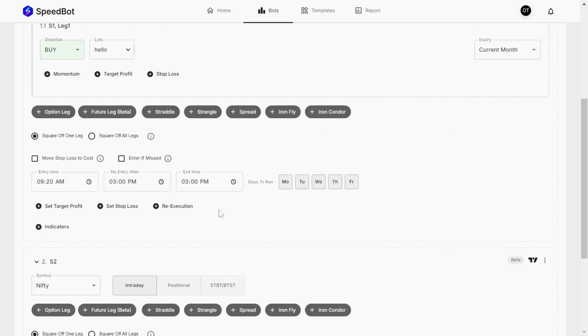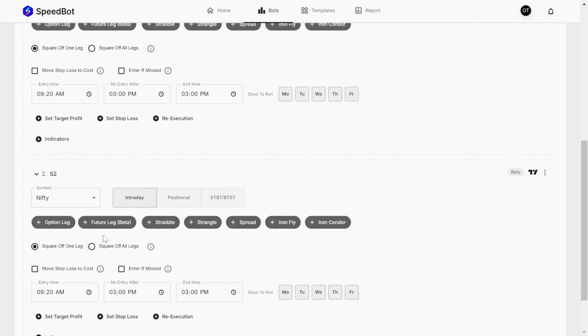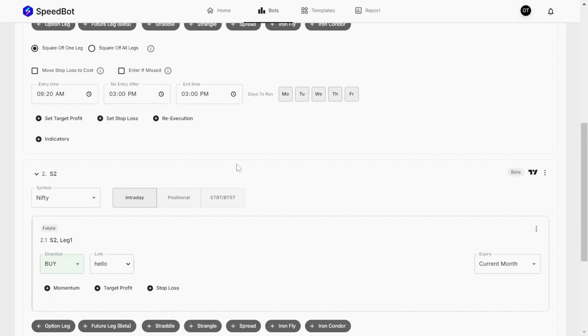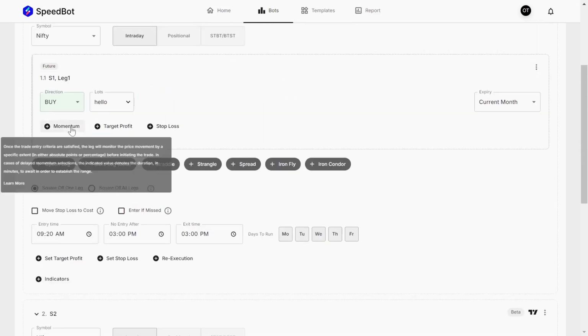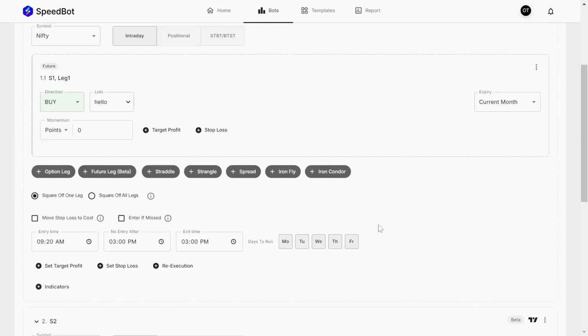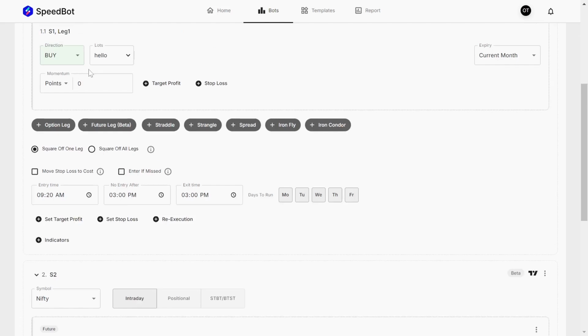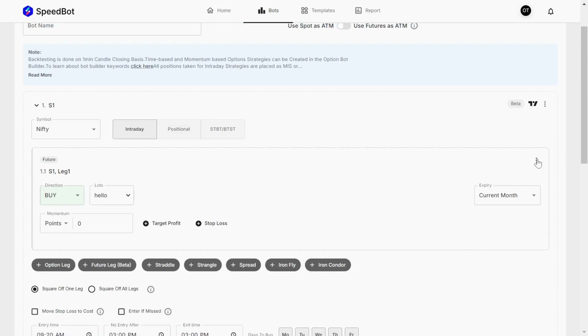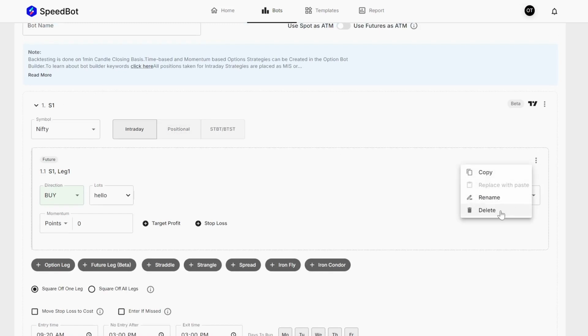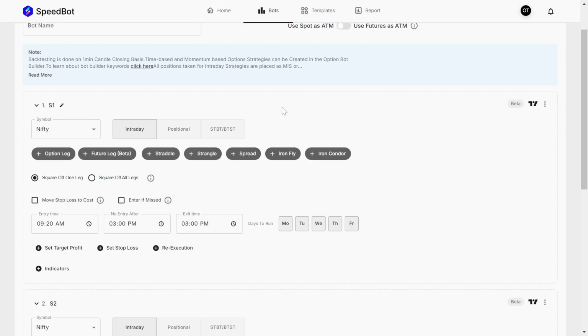In this particular set, so that's how I'll be able to add the leg, whatever point or stop loss that I would like to mention. I'll be able to check it from my side, right? So that's how you can create a future based algo in the option bot builder.